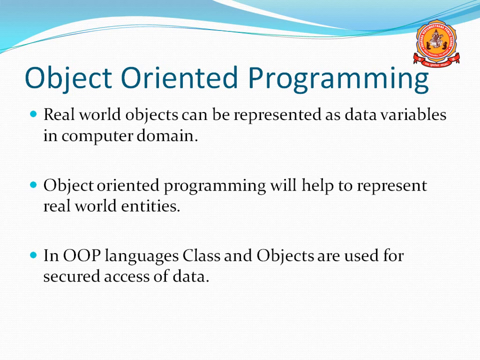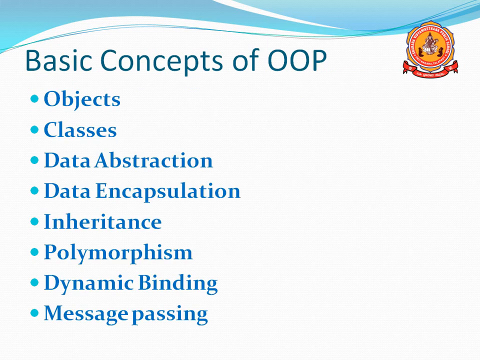Classes and objects are used for secured access of data. If you want to access the data securely, or if you want to provide security to the data, then we are using object oriented programming language. Class and object features are used to provide the security for your data.